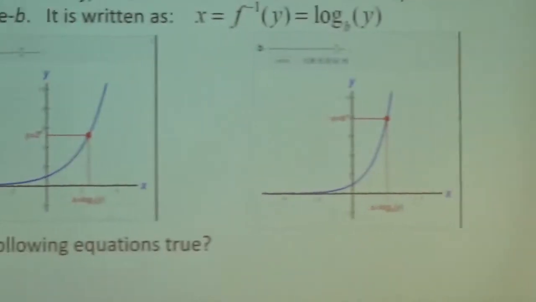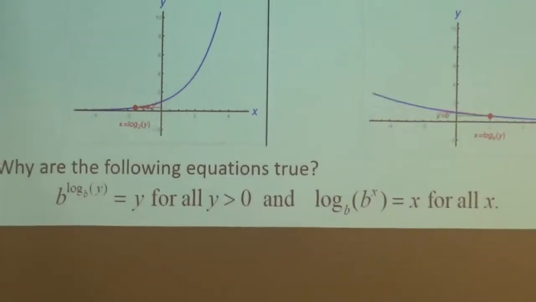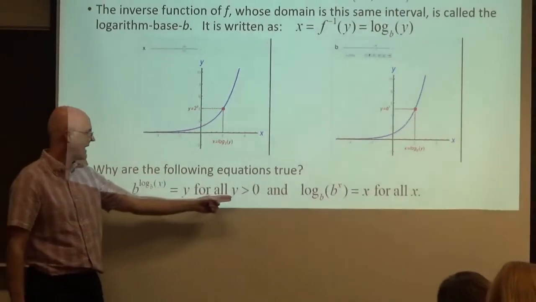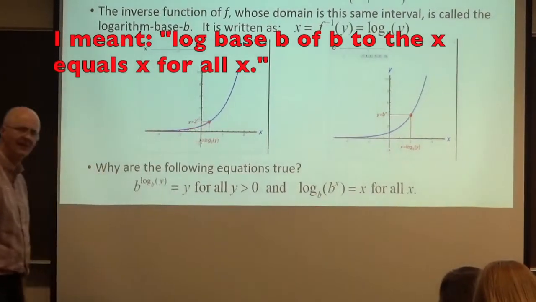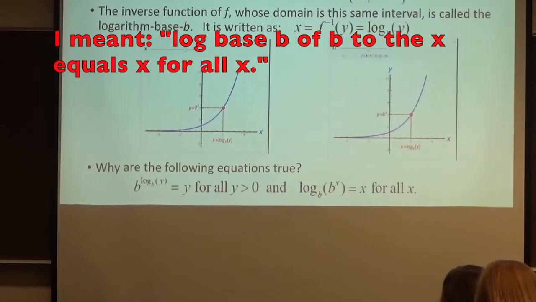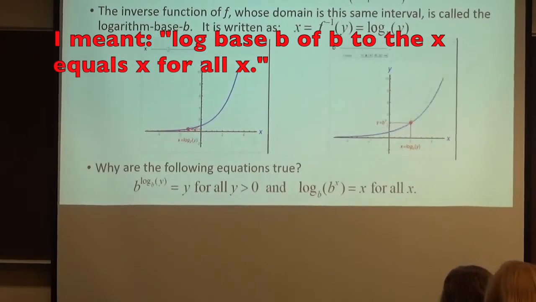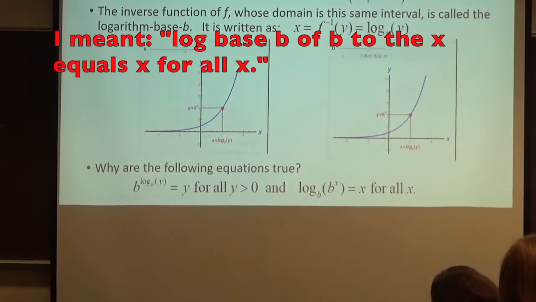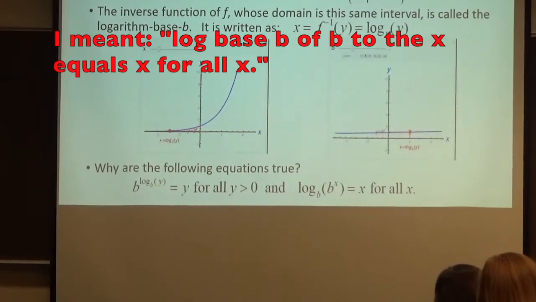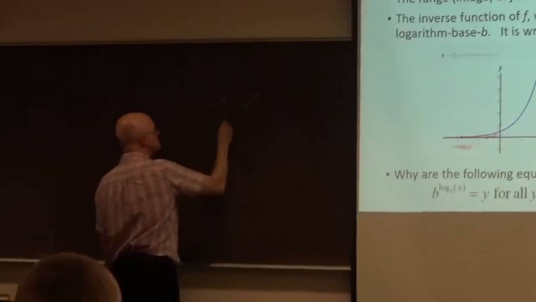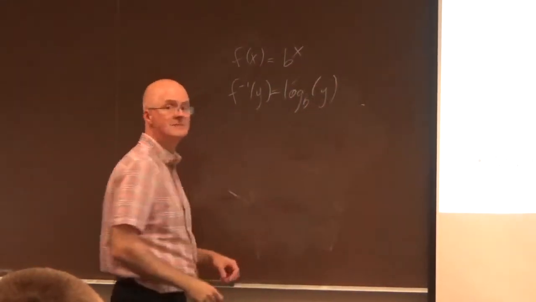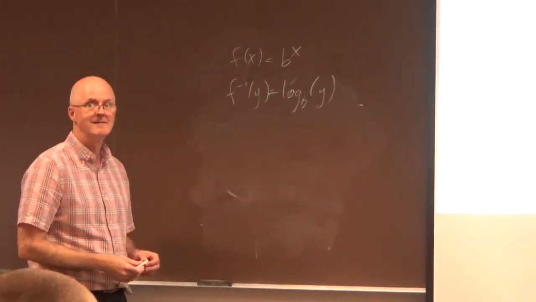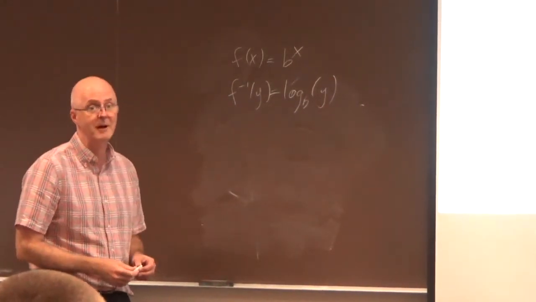Why are the following equations true? b to the log base b of y equals y for all y that's positive, and log base b of b to the x equals x for all x. You've probably seen those equations before. Why are they true? By the way, it is helpful to think about particular examples.